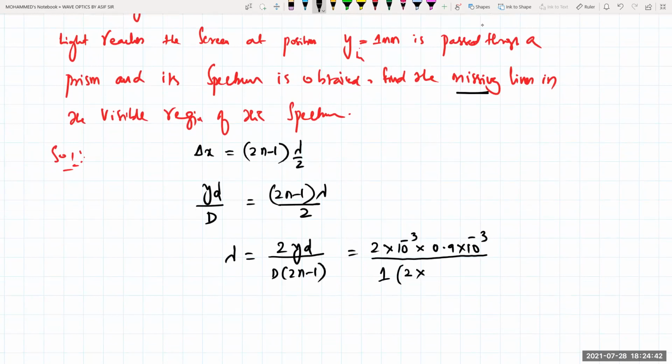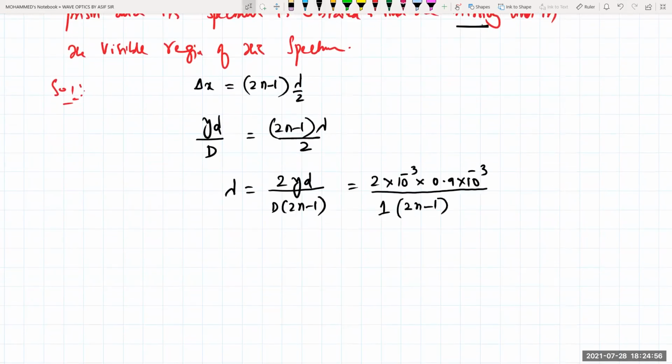I'll take it in terms of n only, so the denominator is 2n minus 1. Everything else cancels. Wavelength will be equal to 2 into 10 to the power of minus 3 into 0.9 into 10 to the power of minus 3.